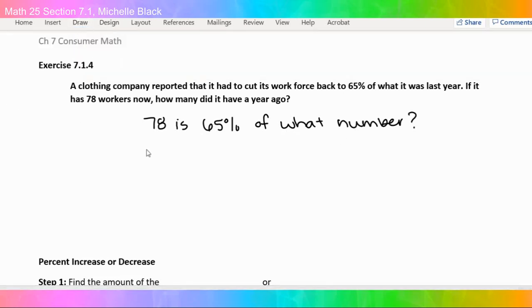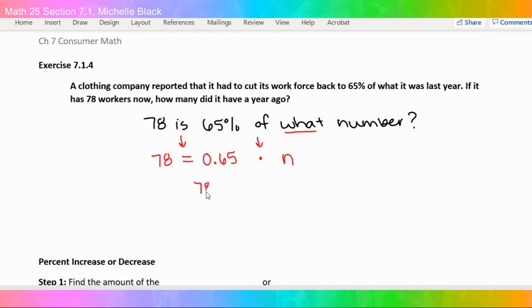So again, every time you see a number, you write it down. Is becomes equals. If you see a number, write it down, but if it's a percent, make sure you change it into a decimal. Of becomes multiply, and when you see the word what, that implies your variable. So I have 78 equals 0.65 times n.